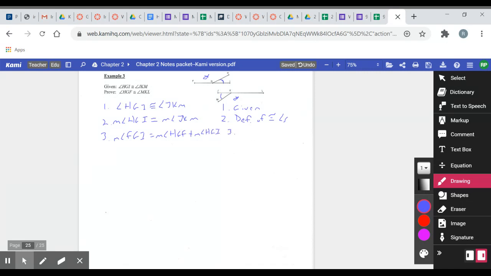And I can also say that for the bottom picture, the measure of angle JKL is equal to the measure of angle JKM plus the measure of angle MKL.